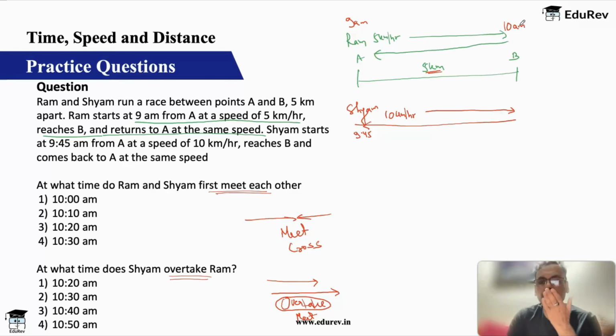Distance to be covered is 5 kilometers. He'll take only half an hour. He started at 9:45, so he will reach here at 10:15 and then he will return and reach at 10:45.